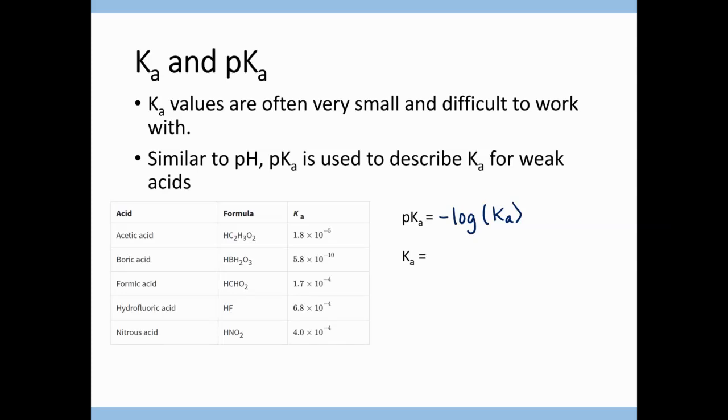Because of this, lower pKa's indicate stronger acids. If you have a large Ka, that means the acid is stronger, it's producing more ions. That will result in a low pKa.